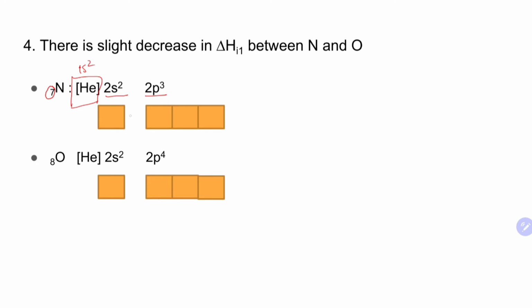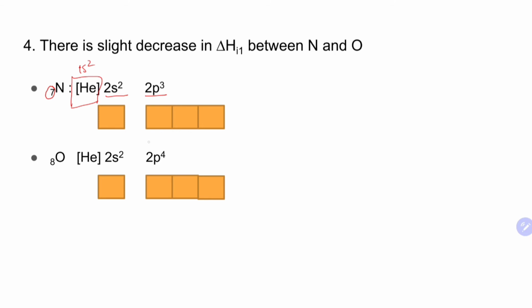The subshell 2s has one orbital, described as one box here. The subshell 2p has 3 orbitals, described as 3 boxes here.